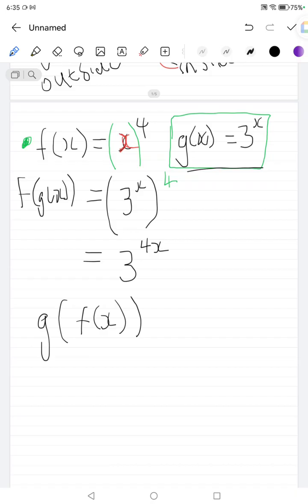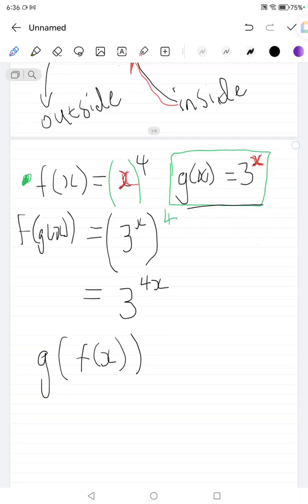Remember we are considering the outside function, our g of x, which is equals to 3 to the exponent x. And in that function, where we see the x value, this is where we're going to put the function that goes inside the one that's outside.